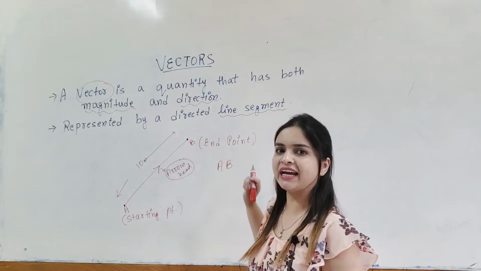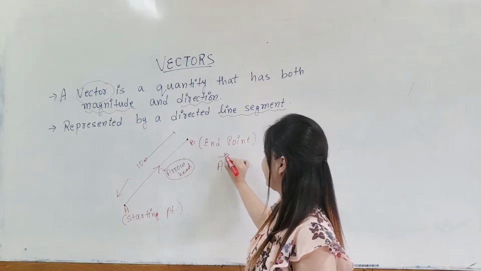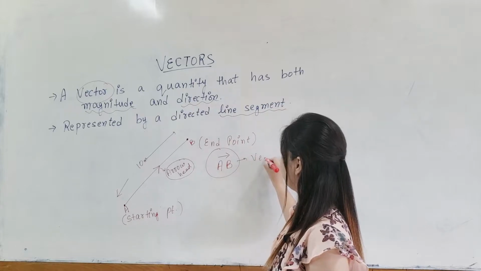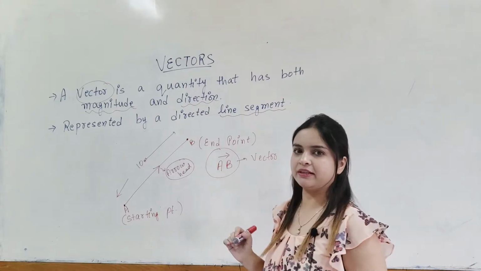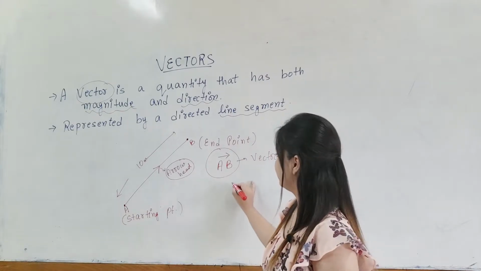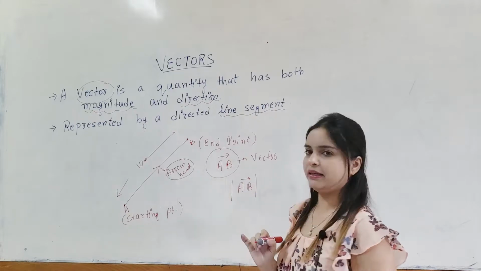Now, how do you write a vector? AB, and we write an arrow on the top. So, this is my vector. This is how you write a vector. Now, if I only want to write the magnitude, I will write mod of vector AB.